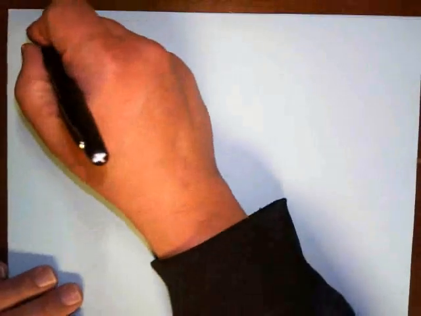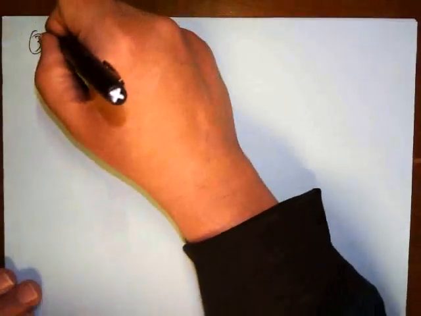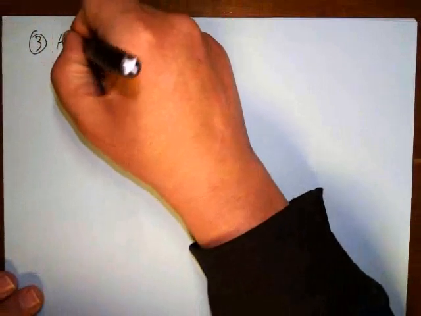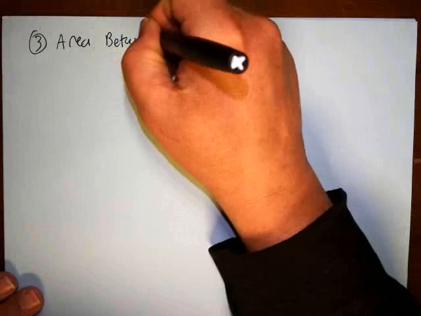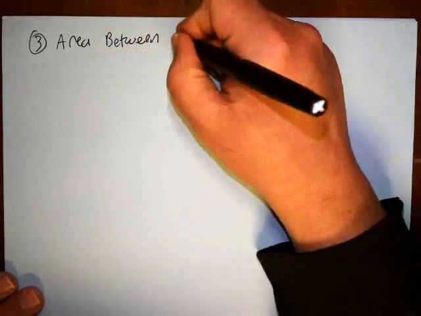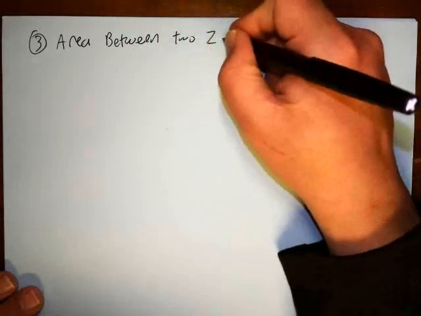So finally, the third case. And in the next video, I'm going to give you a chance to do some of these. Okay? So this is, you want to get the area between two z-scores.